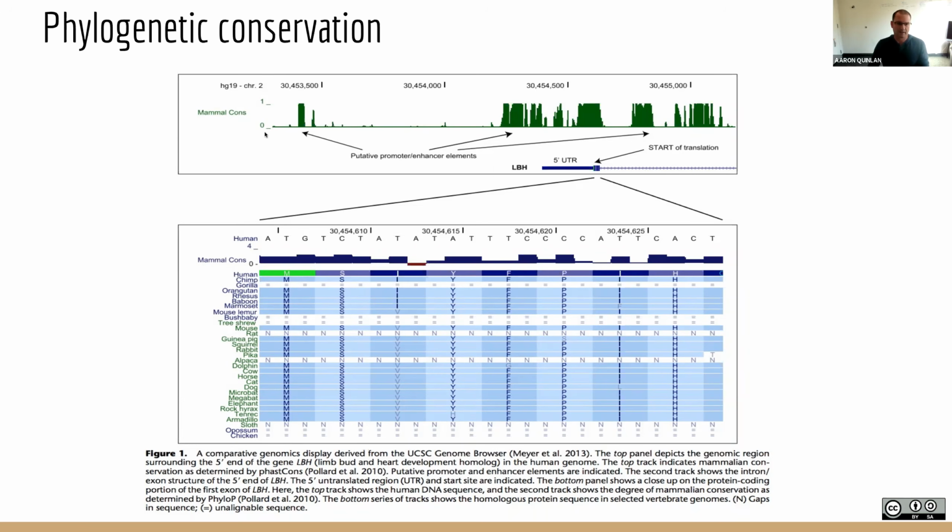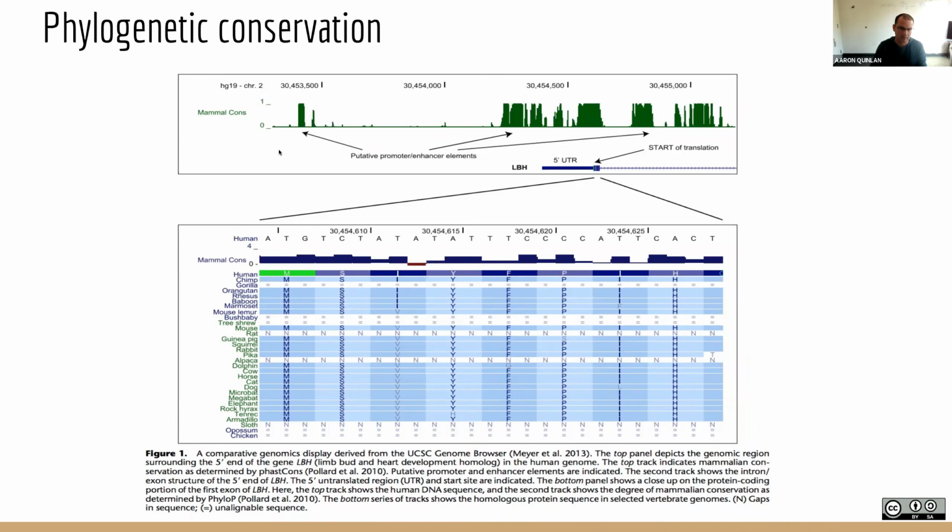What we're seeing on the x-axis here is coordinates along this part of chromosome 2, ranging from position 30.453 million to 30.455 million. And on the y-axis is the degree of conservation at the nucleotide level, not at the amino acid level, across mammals that have been sequenced.